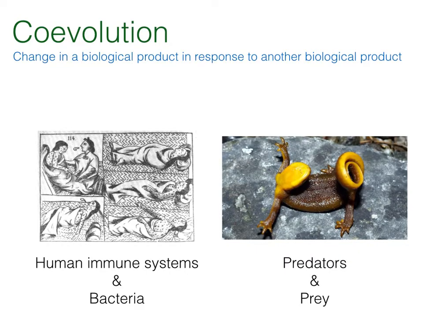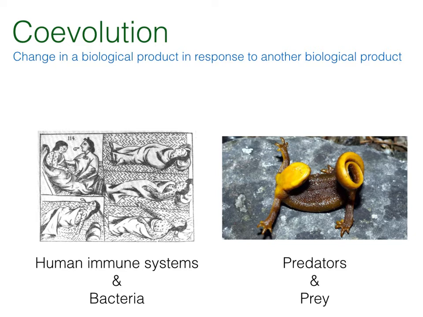Let's talk about coevolution. Coevolution is the change in a biological product in response to another biological product. So a characteristic in a species that is genetically inherited comes under some selection pressure due to a characteristic that's genetically inherited in another species.